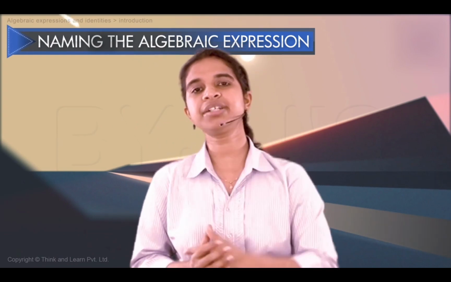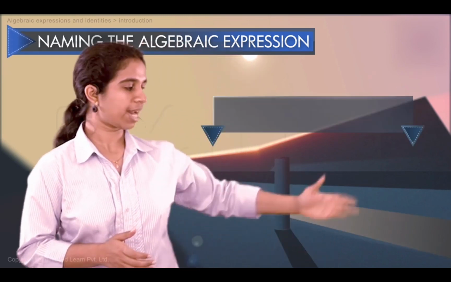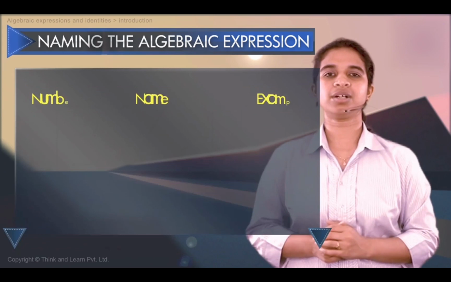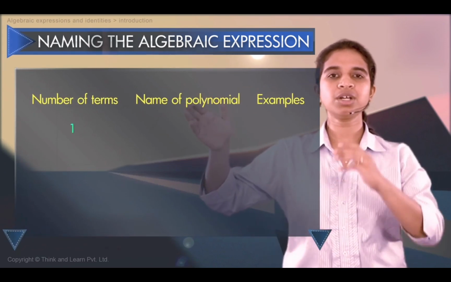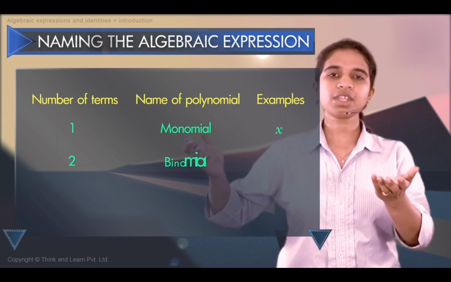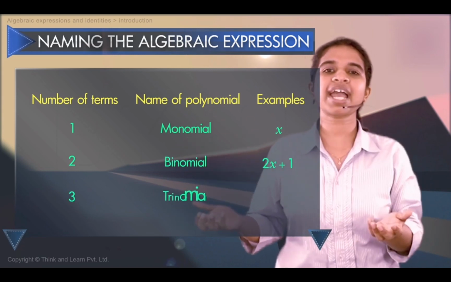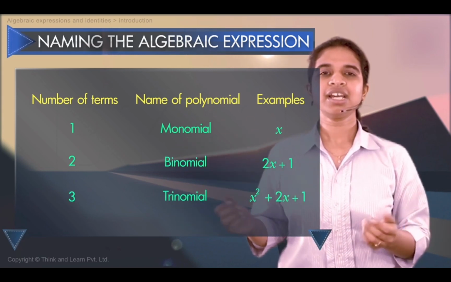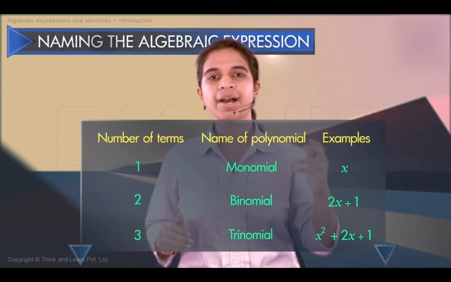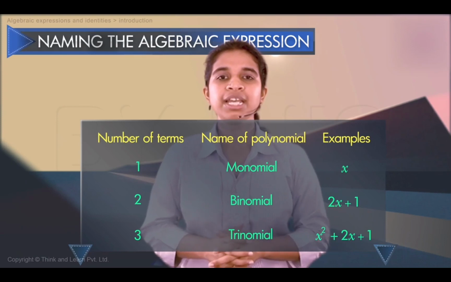This polynomial had 4 terms. If it had only one term, I would call it a monomial, right? 2 terms, binomial, 3 terms, trinomial. Very easy, right? So depending on the number of terms, you have these names: monomial, binomial, trinomial, and so on.